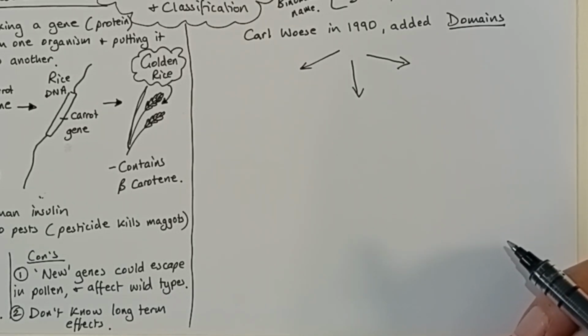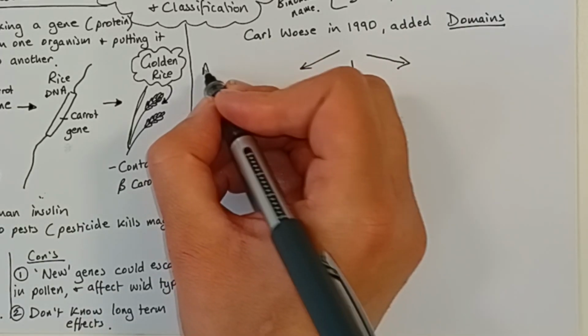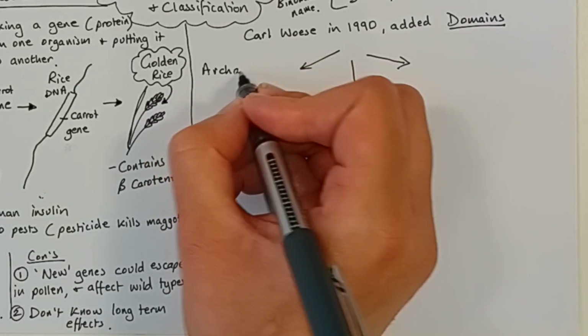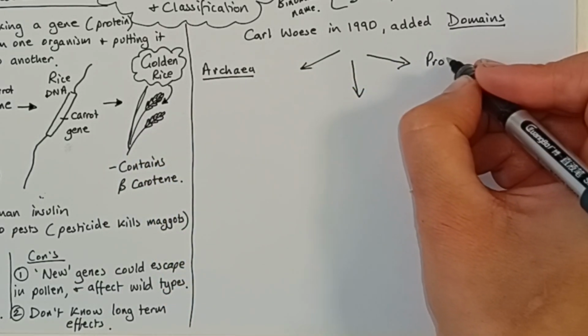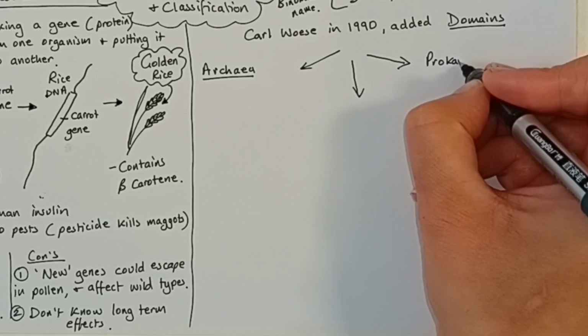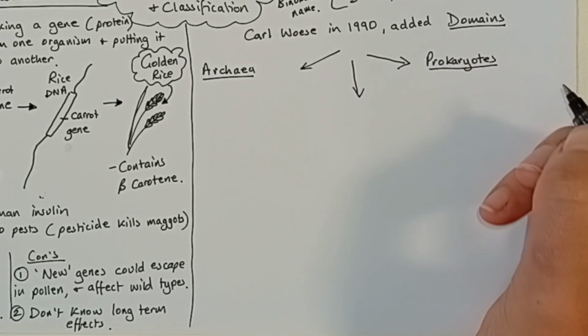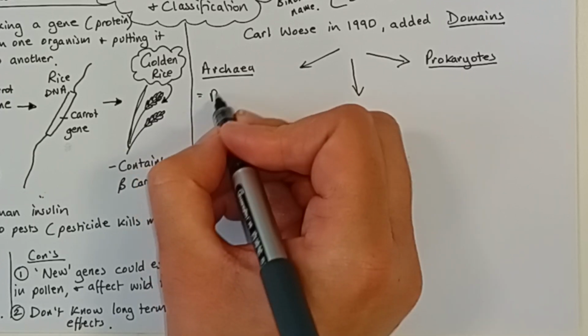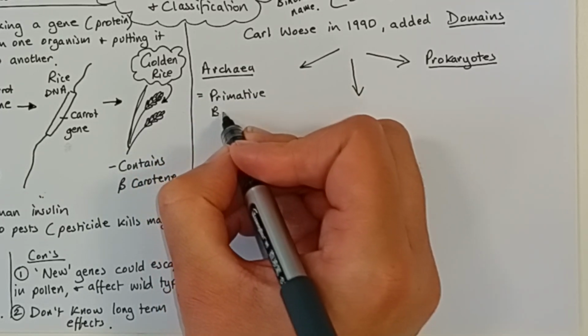separate out bacteria into 2 groups and everything else. So the 2 bacterial groups were called archaea and prokaryotes, or true bacteria, or modern bacteria. So archaea means primitive bacteria.